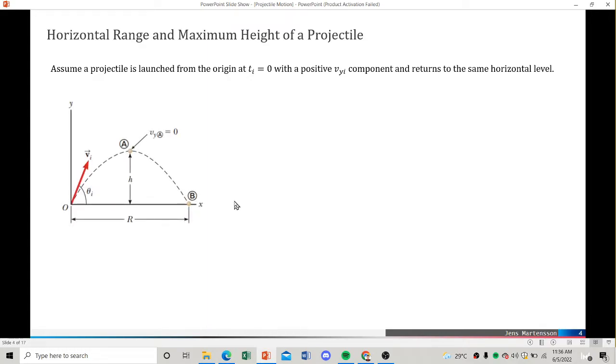For example, from our illustration, we have a particle launched from one point and landing at point B. The distance it covers is our range.